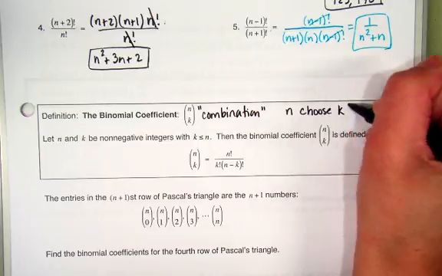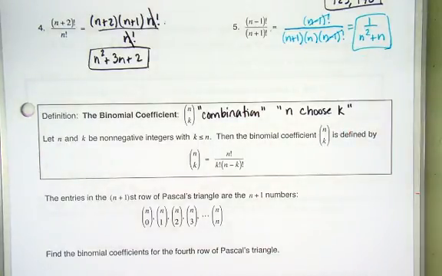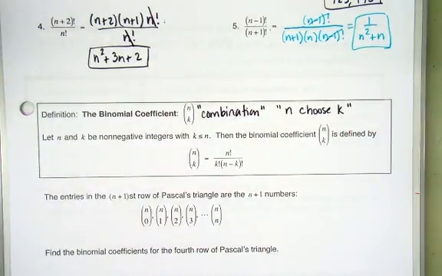Because in a probability question, again, we'll do some more probability next week, if you had n things and you were choosing k of them, what is the probability that out of a group of 25 students I picked 3 of them? What are the chances that those 3 would be girls? Whatever it is, right? So that's where this formula comes from. Again, the way you'll hear me say this is n choose k.